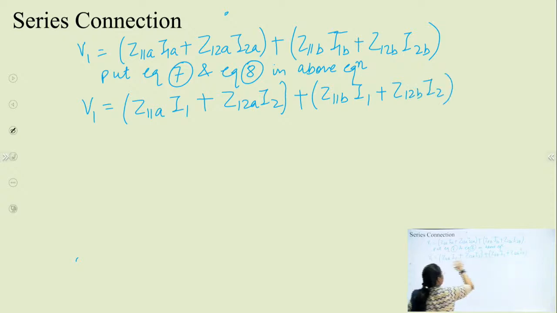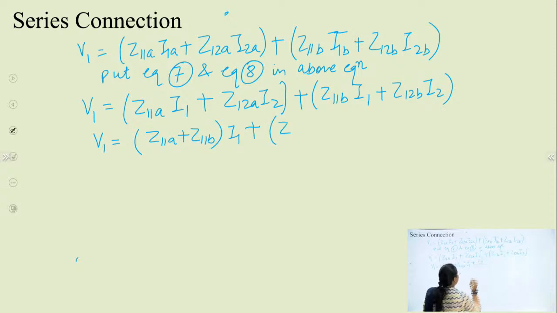Now solving this equation, I will get the value (Z11A plus Z11B) into I1 plus (Z12A plus Z12B) into I2.